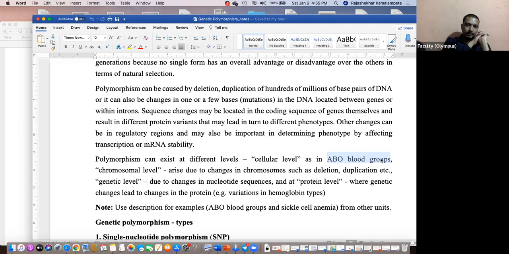RBCs either carry A antigen, as I was talking to you already, B antigen, O antigen, RH factor. So the blood groups are examples of the polymorphism happening at the cellular level.